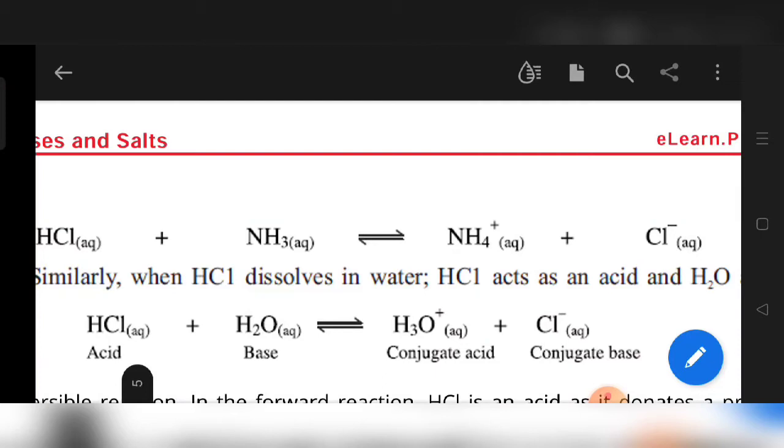Because the acid donates a proton to the base, after donating, the acid will be called the conjugate base because it acquires a negative charge.